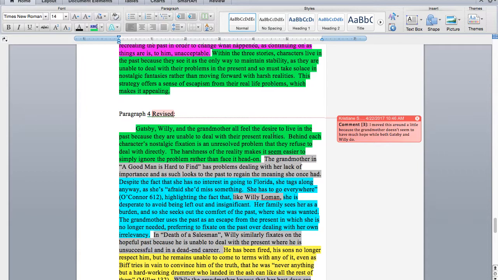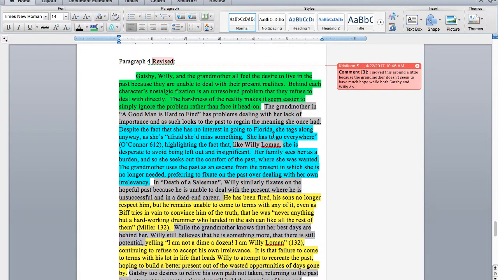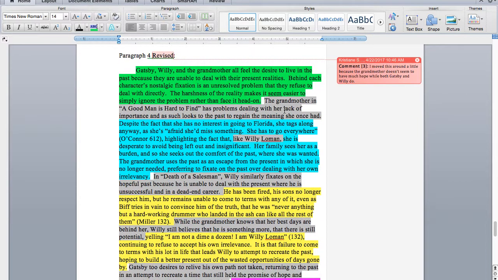So let's look at how I've rearranged this. So again, what I've done is I've moved the grandmother near to the beginning. I've added the idea of like Willy Loman, right? Because this comes later in the paper, and we've established a little bit that Willy Loman feels this way.